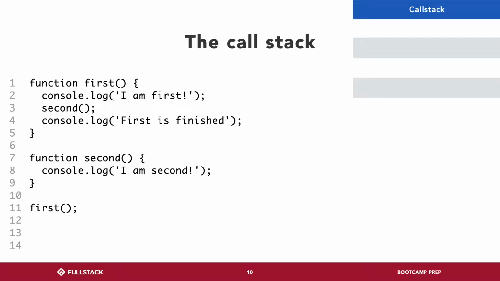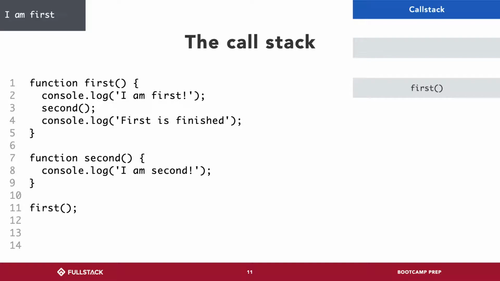I showed you an example like this as well. So first now calls second inside of it. First now says console.log I'm first, then it calls second, then it says console.log first is finished. And second says I am second. Down here we only call first. So that means, since those two are function definitions, and we have one function invocation down there, first goes onto the call stack.